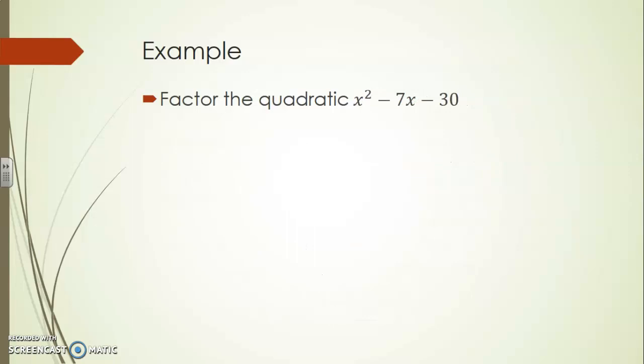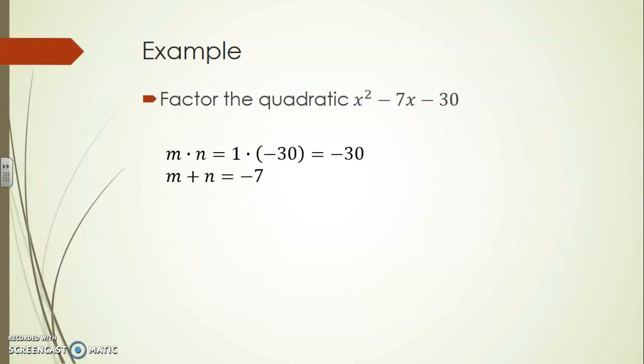In the second example, we'll look at how we can factor x squared minus 7x minus 30, and we'll discuss a shortcut that can be applied in situations like this one. You'll notice that a is not explicitly written, but can be assumed to be a 1. b is minus 7, c is minus 30.